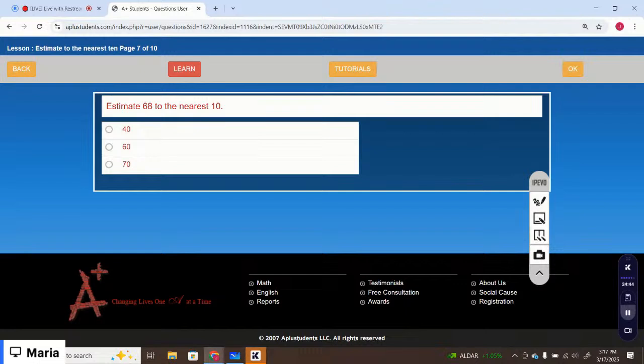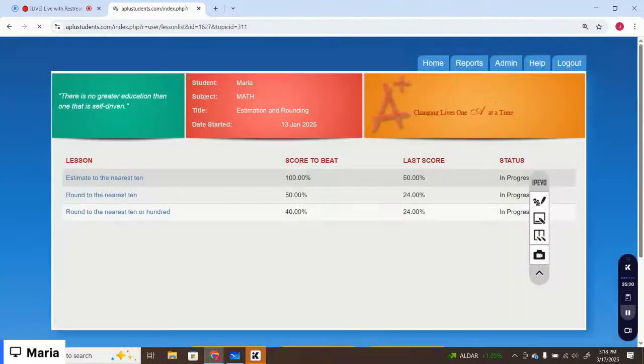Estimate 68 to the nearest 10. 68 is estimated to 70. The correct option is 70. Okay, you can complete the lesson by yourself today. Let me just move on to the next lesson.